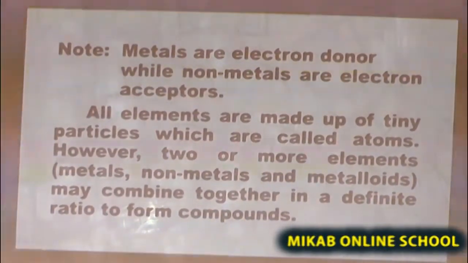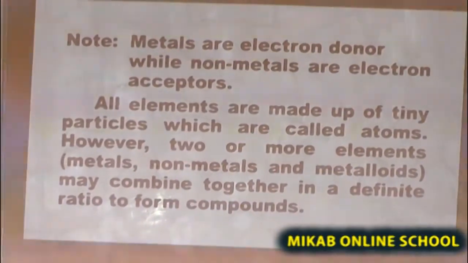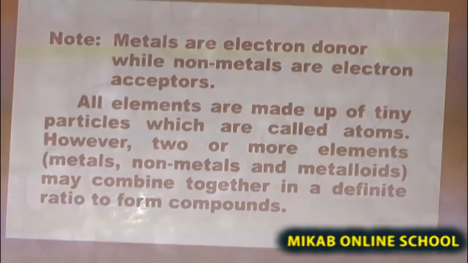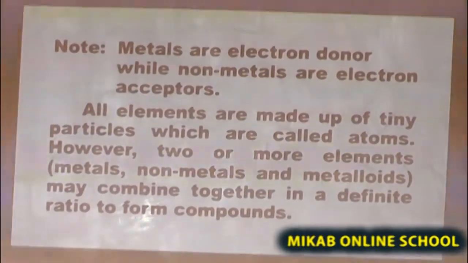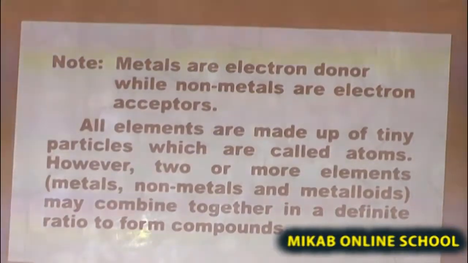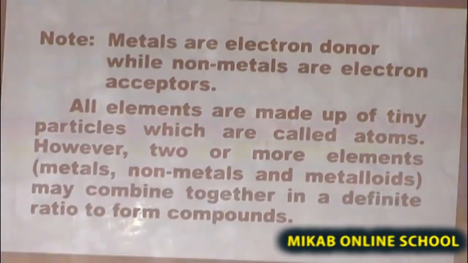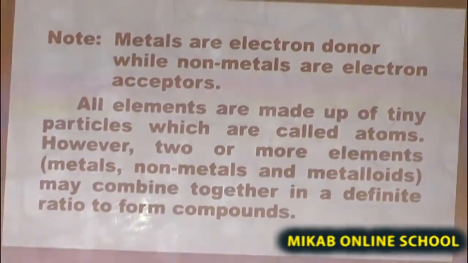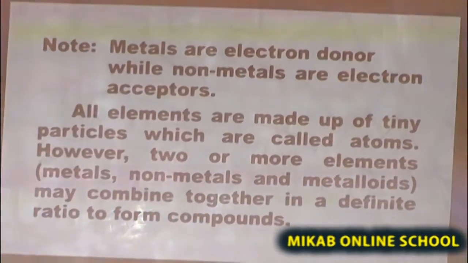All elements are made up of tiny particles. These tiny particles are called atoms. However, two or more elements, such as metals and non-metals, metals and metalloids, or non-metals and metalloids, may combine together in a definite ratio to form what is known as a compound.